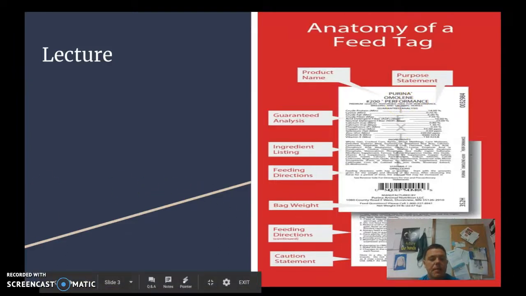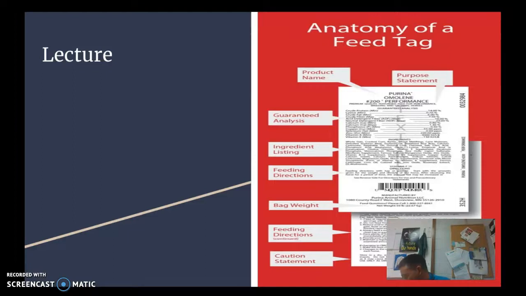This purpose statement is what that feed is specifically for. And so it tells you, is this for growing puppy dogs? Is it for a young horse, a growing pig? It gives you a shortened sentence of what the actual feed is for.